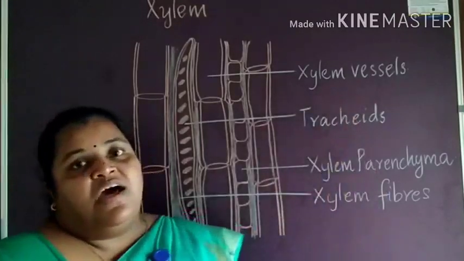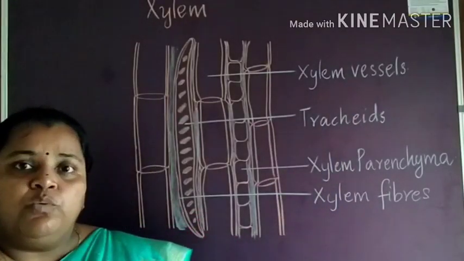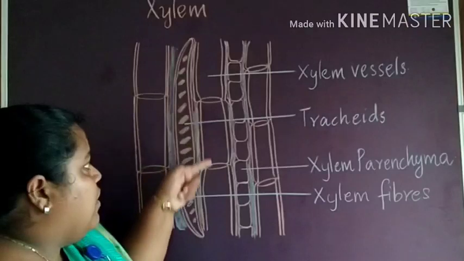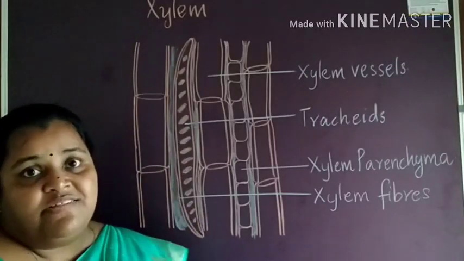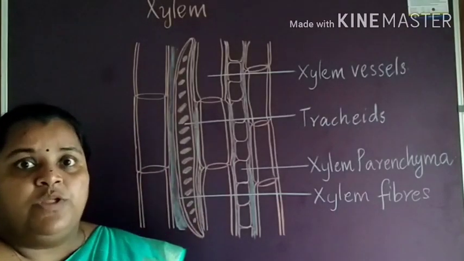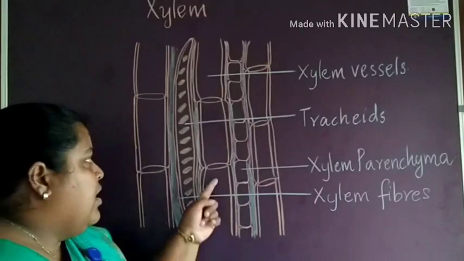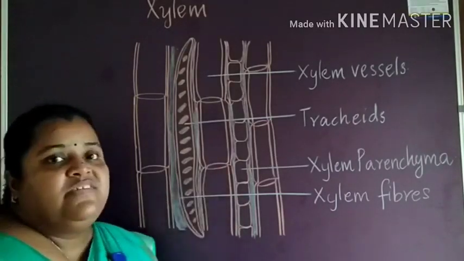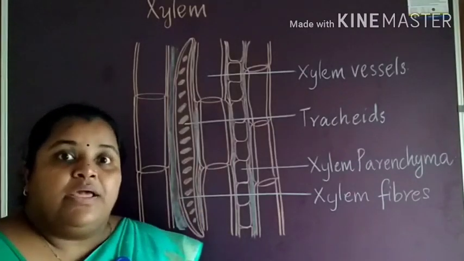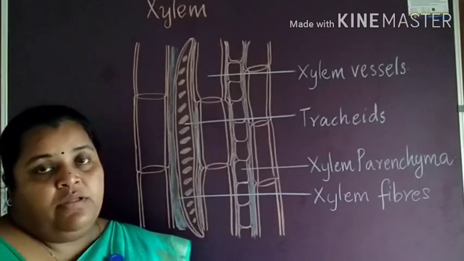Xylem vessels are long tube-like cells arranged one above the other in an interconnected manner. As the cell wall disintegrates, they look like a long pipe.